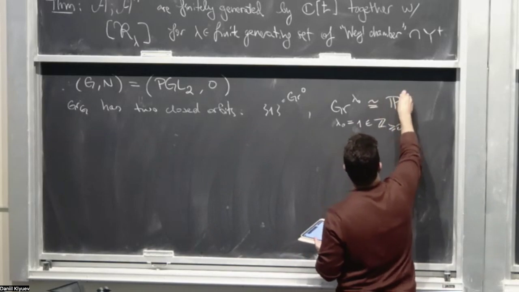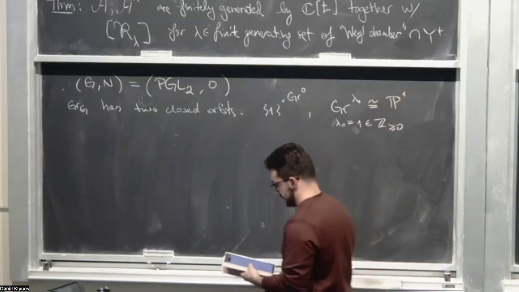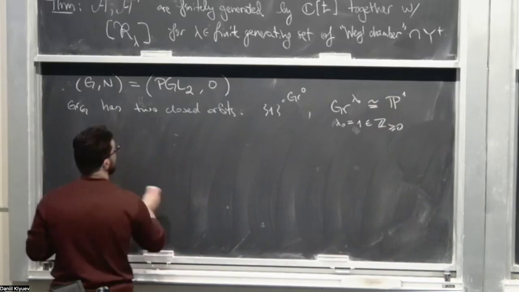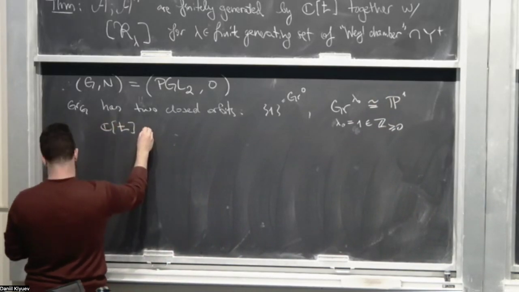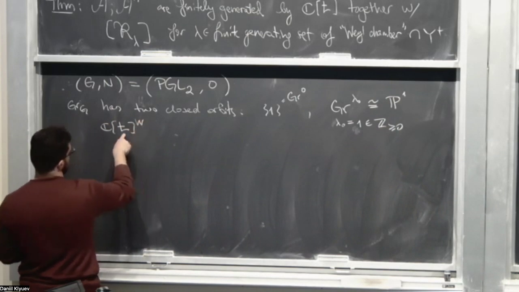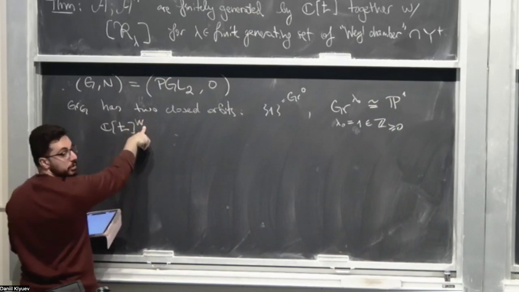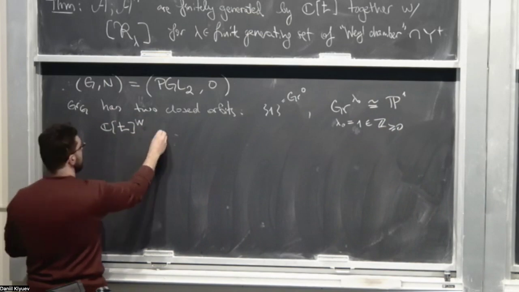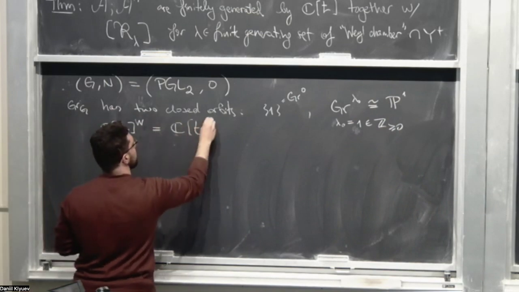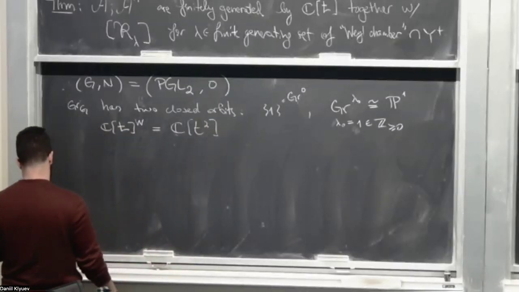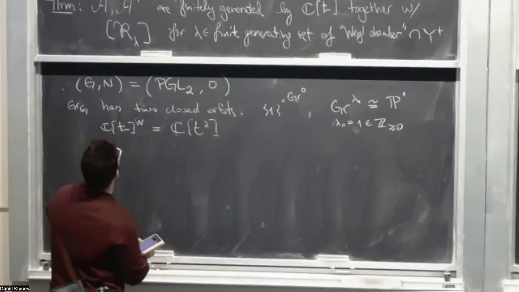And here you get a P1 for the closed orbit. Also remember that C[t]^W, where t is a polynomial algebra and W is the group of 2 elements, which acts by negating the generator, so it's C[t squared].